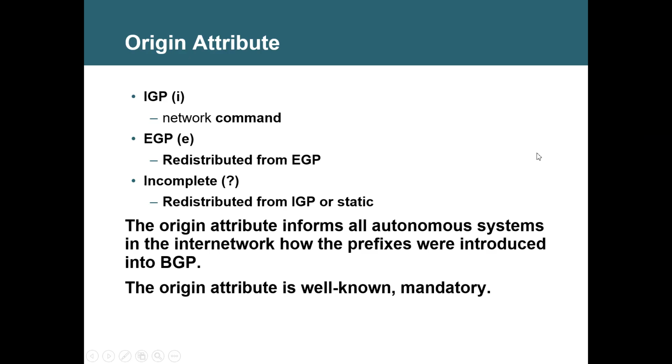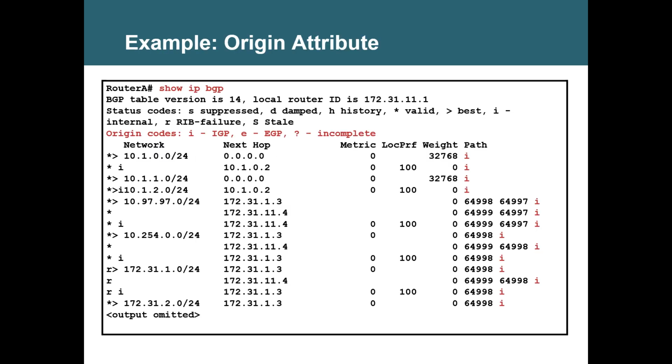The next page is going to tell you about these attributes that we have learned. You see, AS path is an attribute we learned. For each network, you see AS path. After AS path, what did we learn? Next hop. You have next hops.